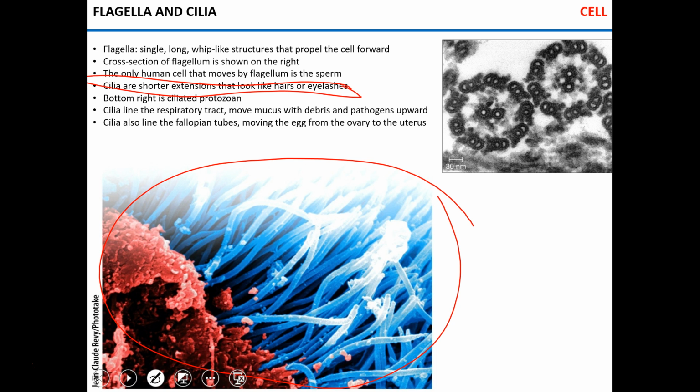Basically, the main function of cilia is to move mucus, move things that are outside of the cell. Flagella are whip-like structures. That's the cross-section of flagella. Whip-like structures that move the cell forward. The only human cell that is moved by a flagellum is the sperm cell.